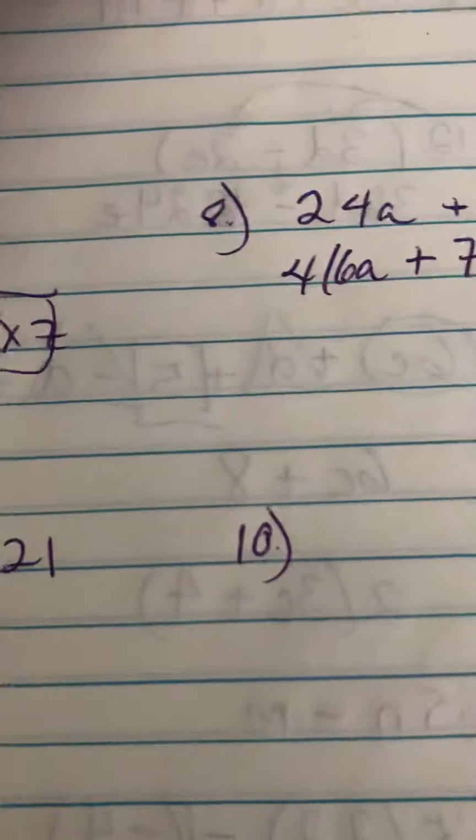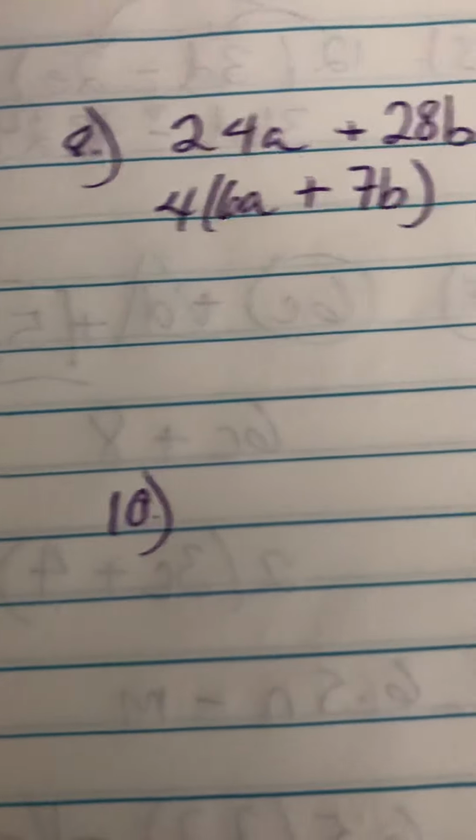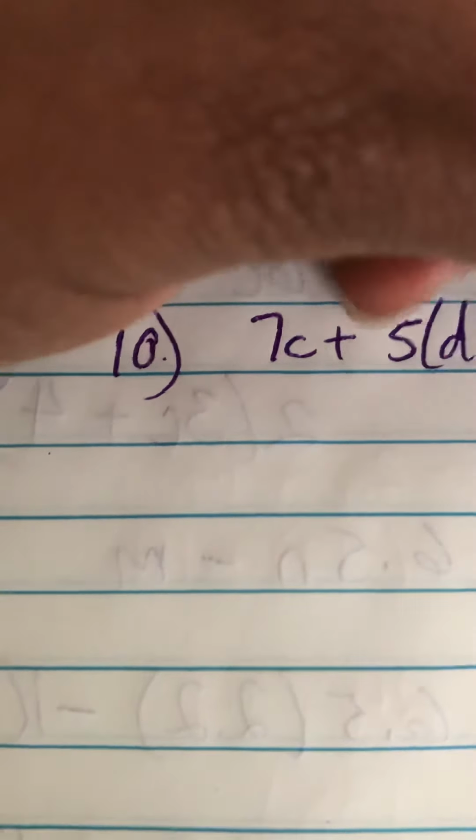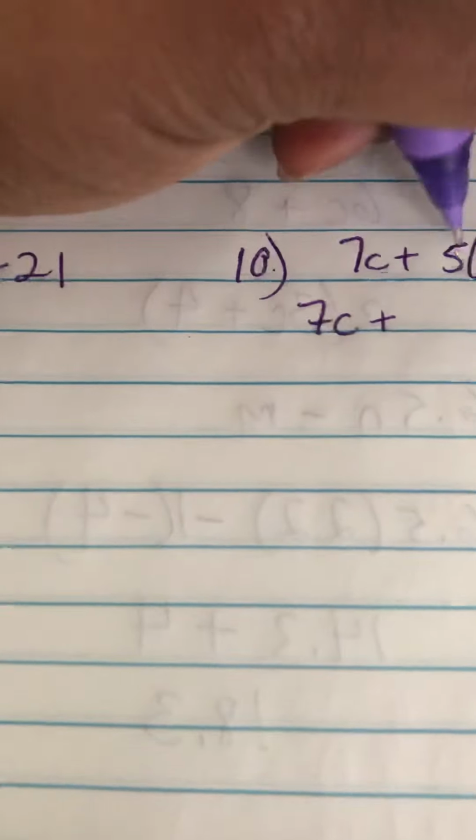But let's do number 10 real quick. Which of the following expressions is equivalent to 7c plus 5d minus 4 minus c? So again, if we rewrite that, 7c plus 5 times d minus 4 minus c, and we say 7c plus 5 times d is 5d minus 20 minus c.